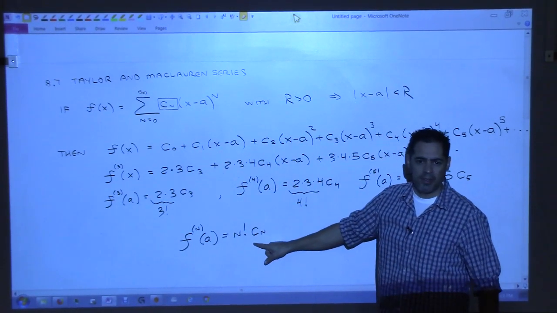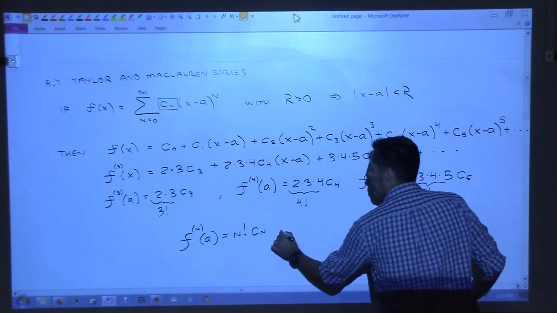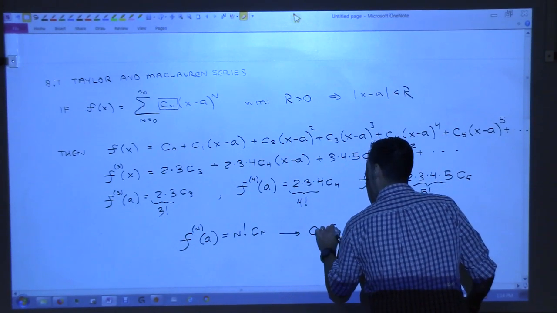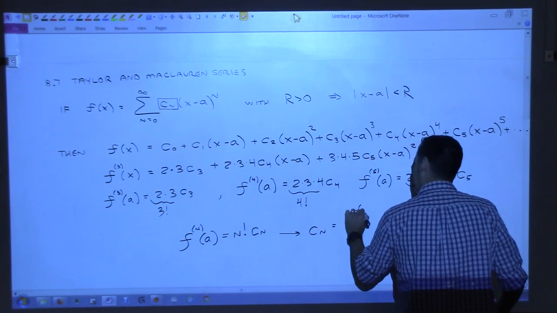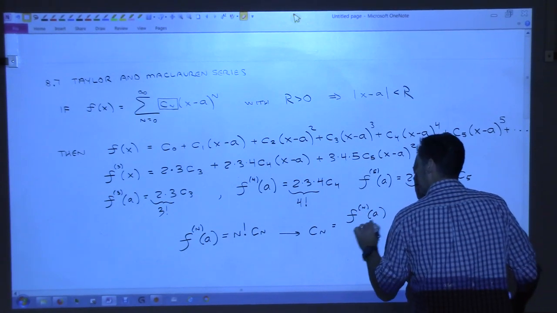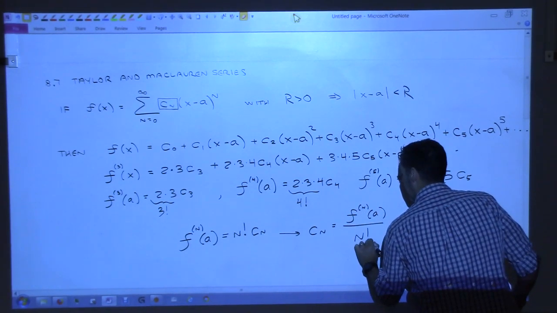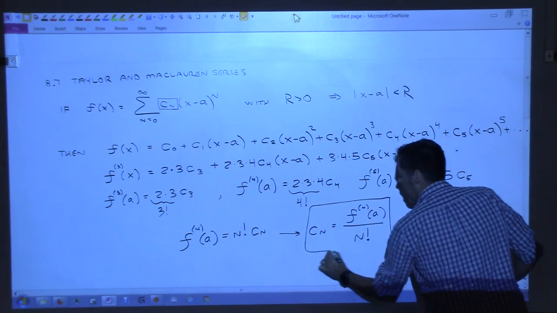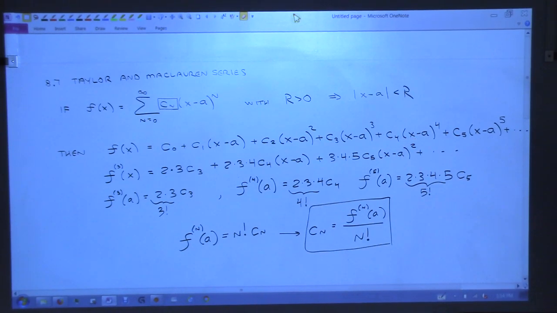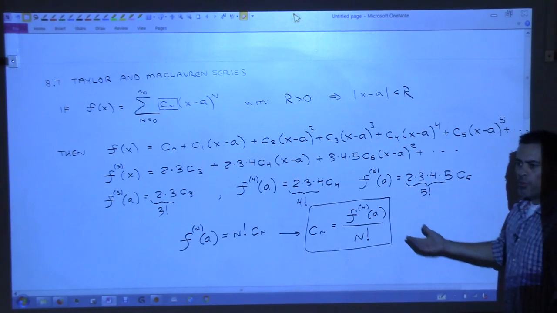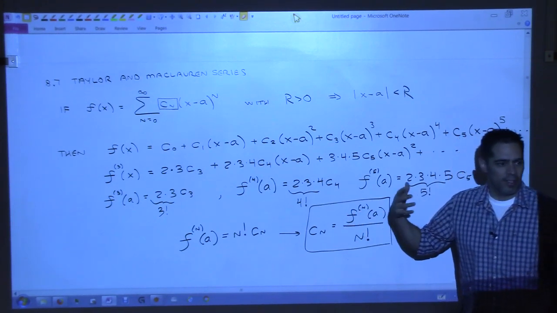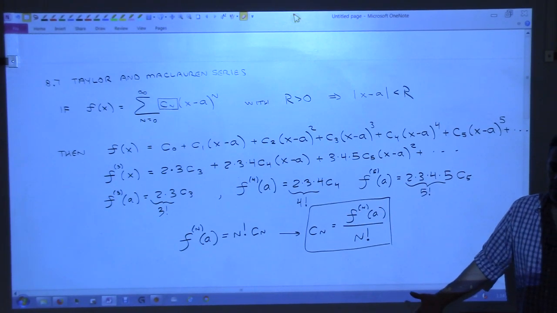Just solve this for c sub n. So if we solve that for c sub n, we get the nth derivative at a over n factorial. And that is what is going to be called Taylor's formula, all right? And what gives us what's called Taylor series.